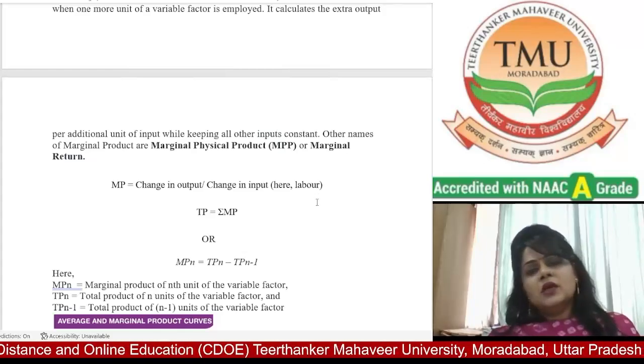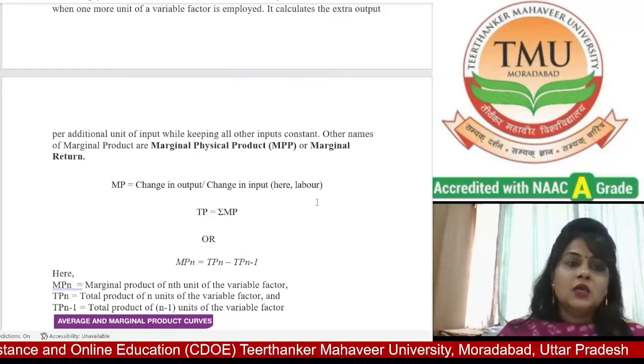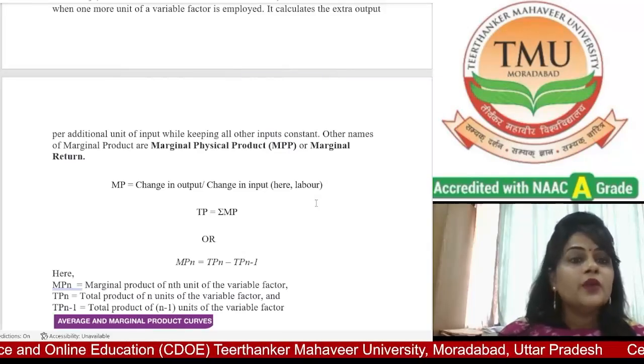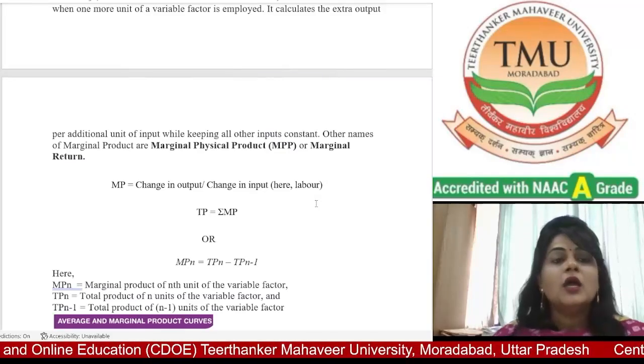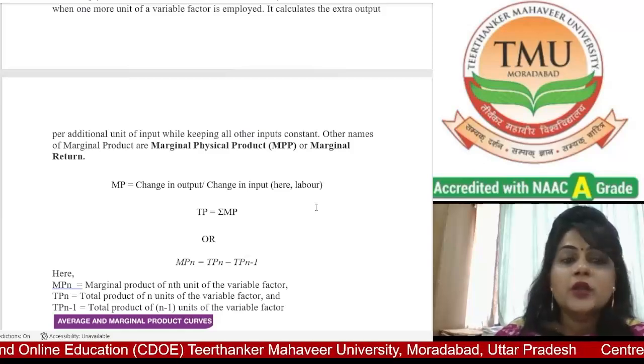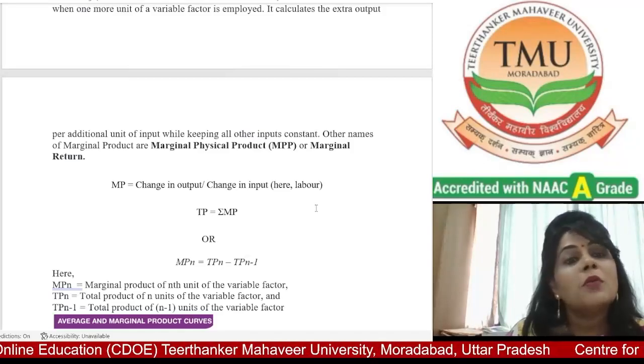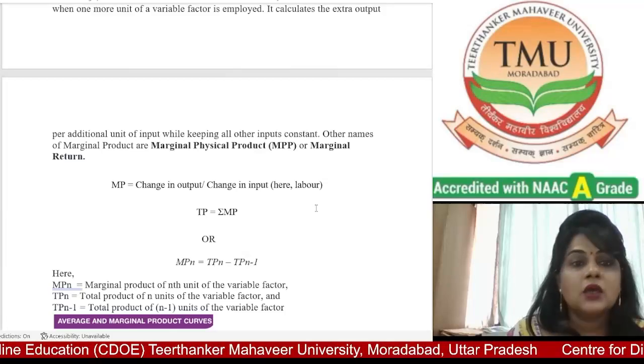It means, in simple words, marginal product is the additional output produced as a result of employing an additional unit of the variable factor input.